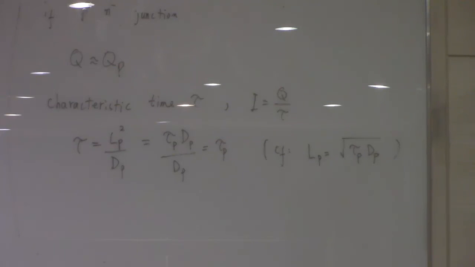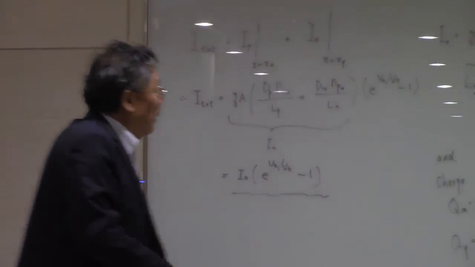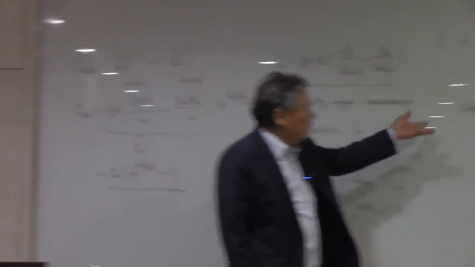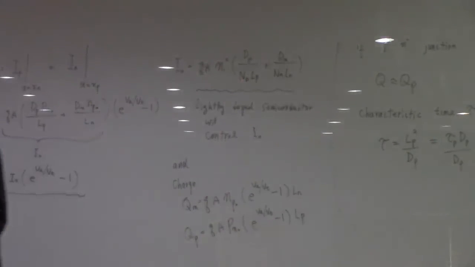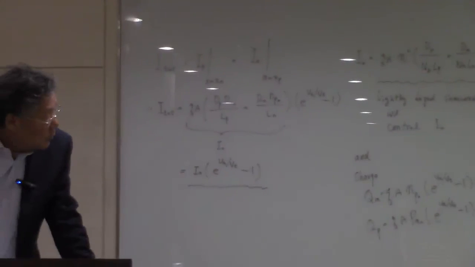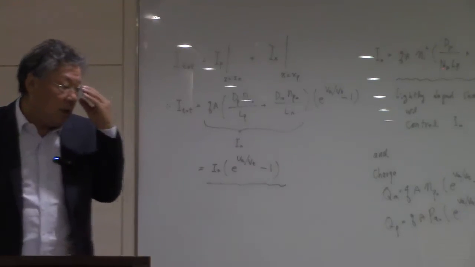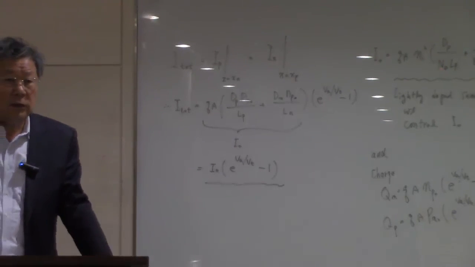So that is pretty much about the p-n junctions, and we're not going to go into the charge models, the injection models in this p-n junction. We're going to discuss the charge controls in the p-n junctions in bipolar transistors later.